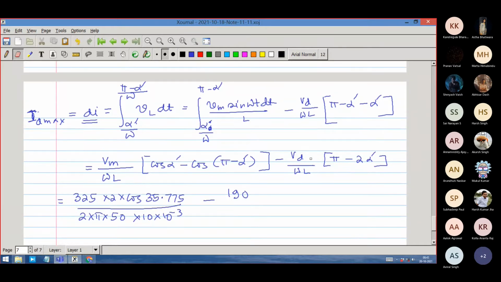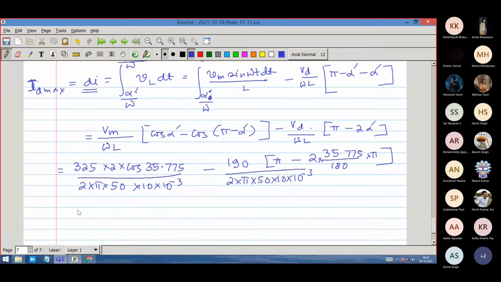Let me be consistent. V_D 190 by again 2 into pi into 50 into 10 into 10 to the power minus 3 into pi minus 2 into alpha dash. Alpha dash is 35.775 in radians, so 35.775 divided by 180 into pi. Right.